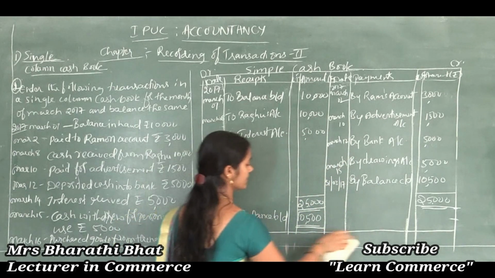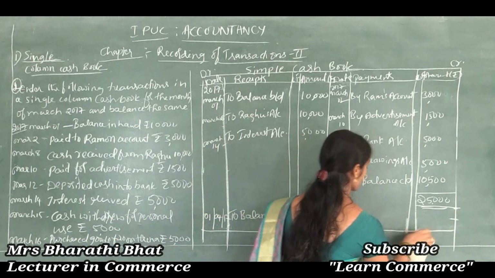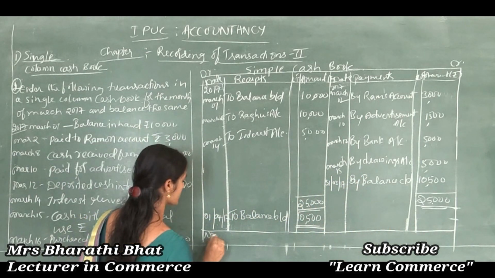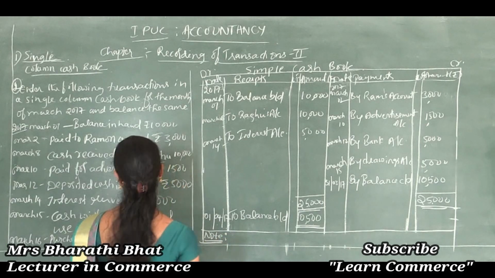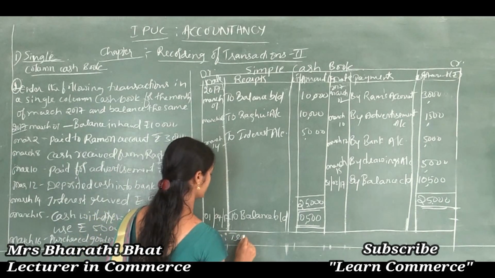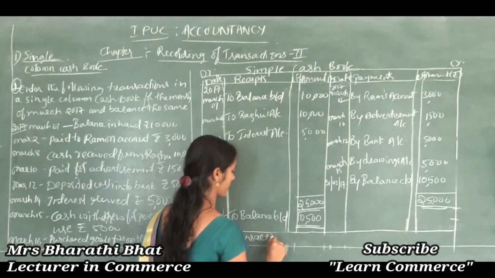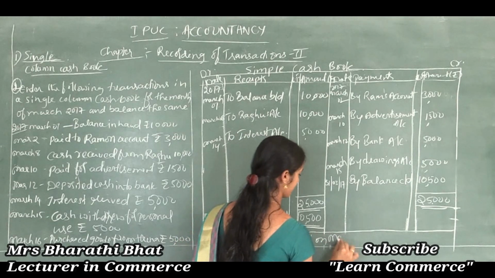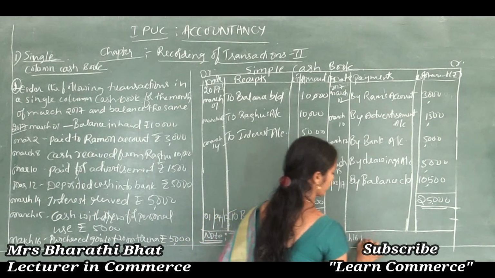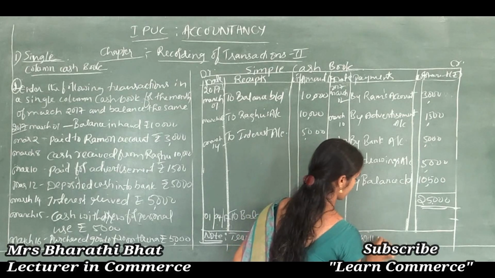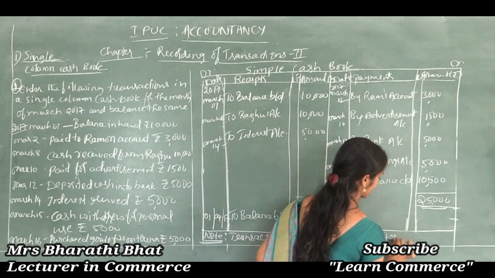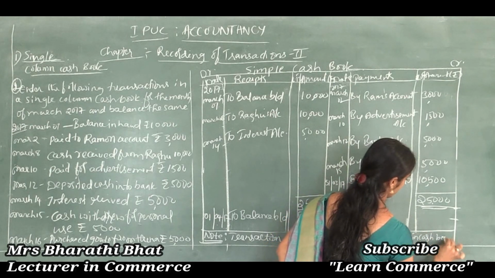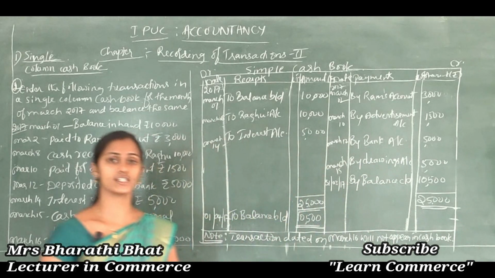Then one more work remains. You should write a footnote: for the transaction dated March 16 will not appear in the cash book, because that transaction is a credit transaction.